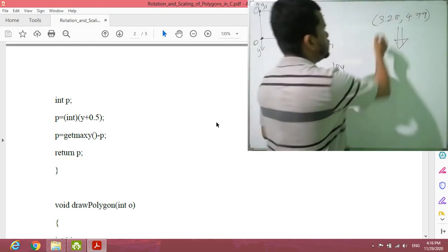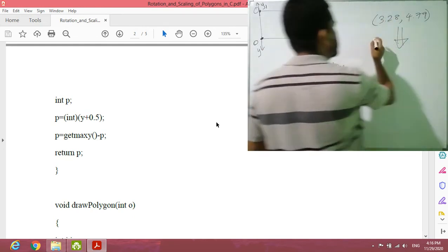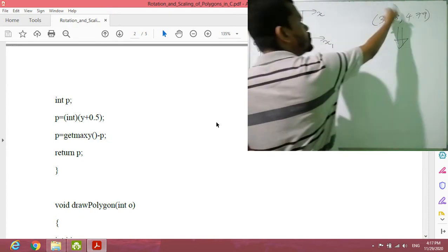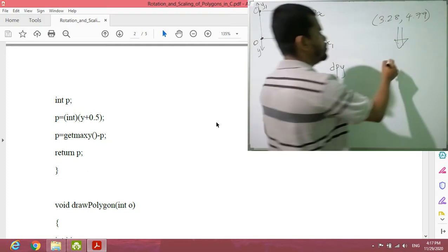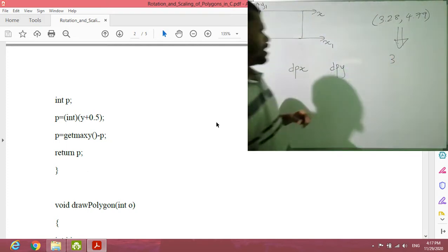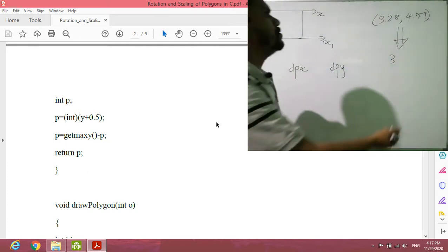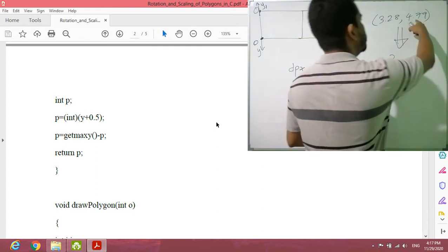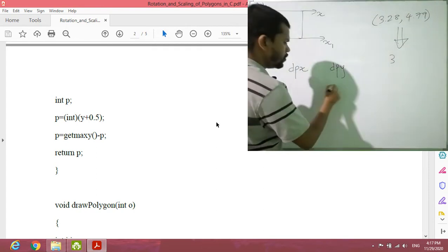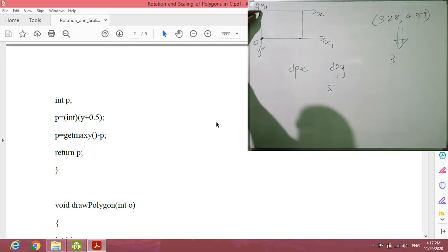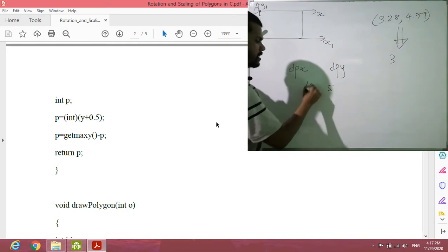So if we apply dpx to the x coordinate, we get 3. For the y coordinate we apply the dpy function, then first it will become 5 with respect to this origin, and let's say the maximum index is 100.